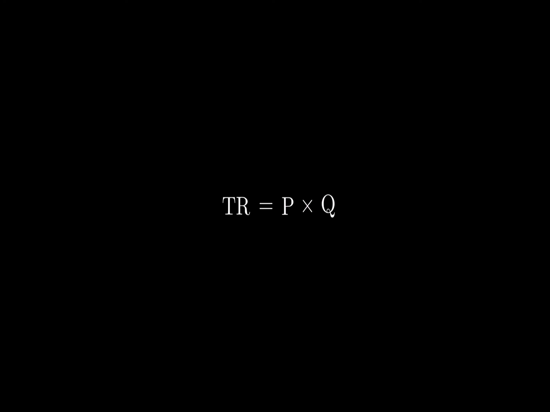Now let's say that he decreases his price from the current price by 10%, and by doing so he increases his quantity sold by 20%. Did his revenue increase or decrease? Well, the price decreased by a smaller proportion than the proportion by which the quantity increased, so the whole expression, price times quantity, must have gone up, which means that this decrease in price led to an increase in total revenue.